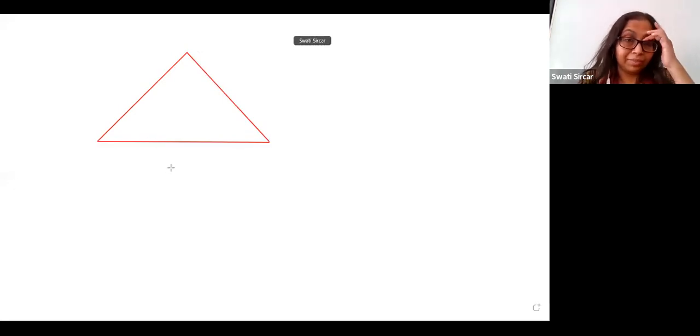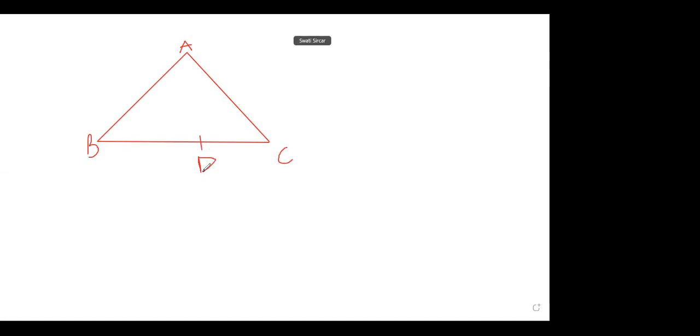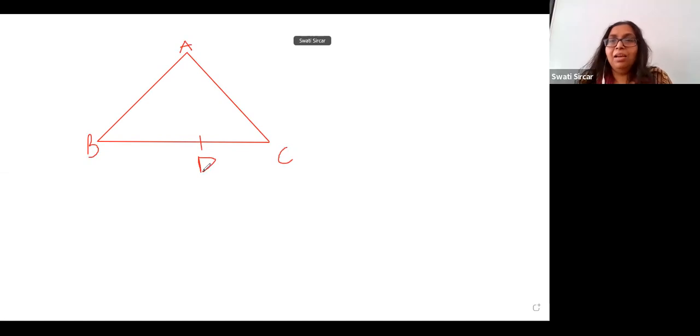Originally, let's say it was A, B, C, and now it became A, B, D, C. So the same shape became a triangle and a quadrilateral.